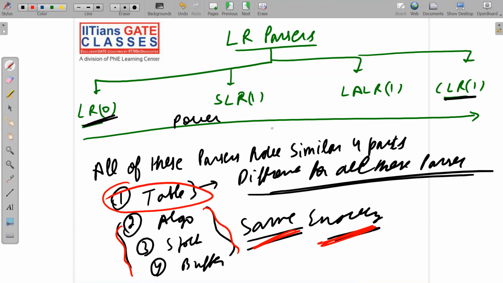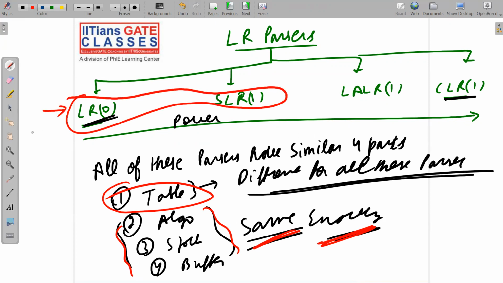Let me show you something. Please note it down carefully. I will jump to the next slide and show you some more ideas. Let me tell you here only: for the LR0 and SLR1 parsers, we need the canonical collection of LR0 items. Don't worry, we will tell you everything about it.